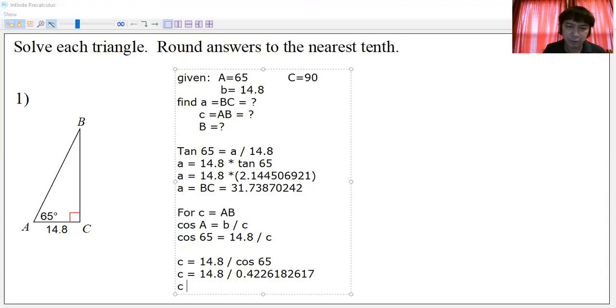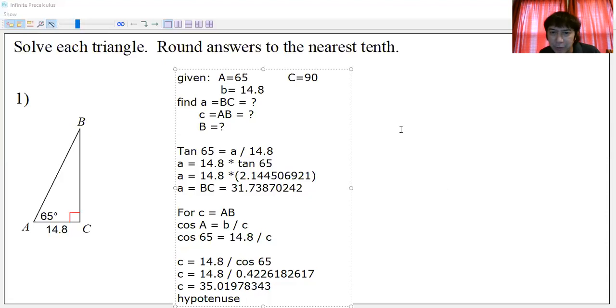And here's the answer: 35.01978343. Okay, this is now the hypotenuse. Yeah, that's the hypotenuse.